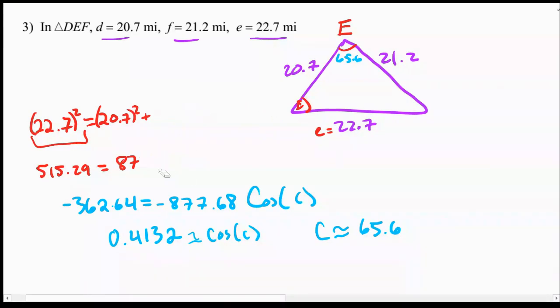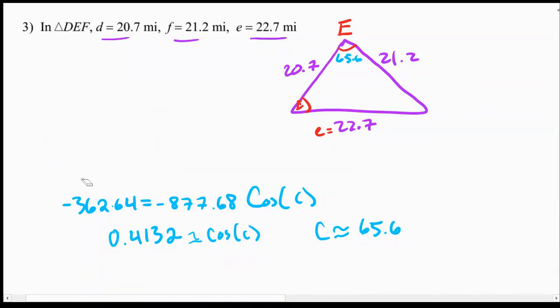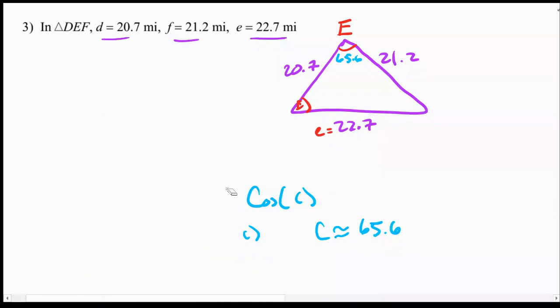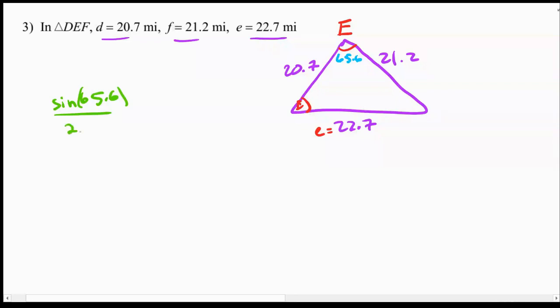I now need 2 other angles. Law of cosines is just a little bit much, so I would rather use law of sines here now that I have an angle. So I'm going to do sine of 65.6 over its opposite side, 22.7, equals sine of the angle over 20.7. 20.7 is D, so we'll call this angle D. So angle D here is going to be what we're looking for, and that is opposite of 20.7.